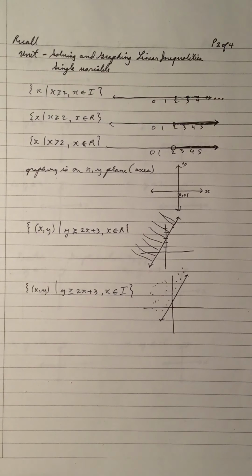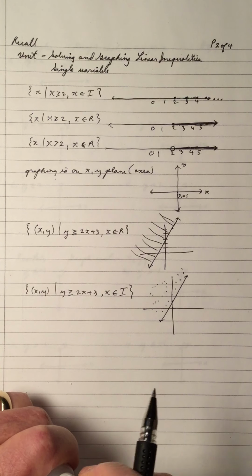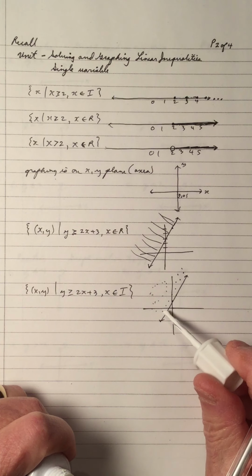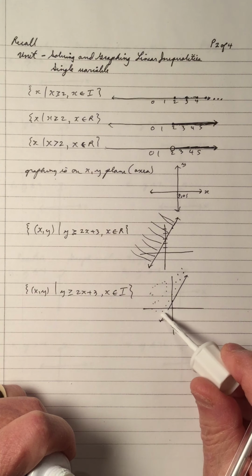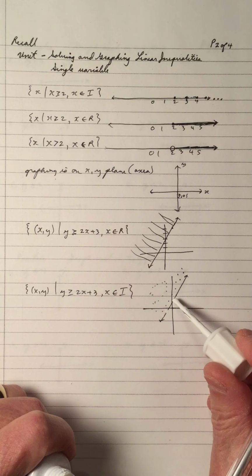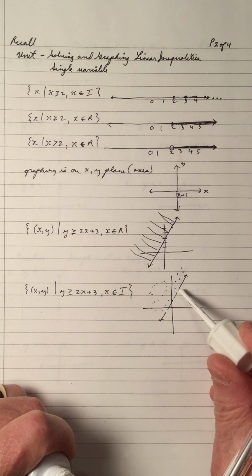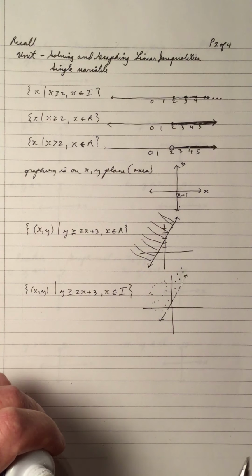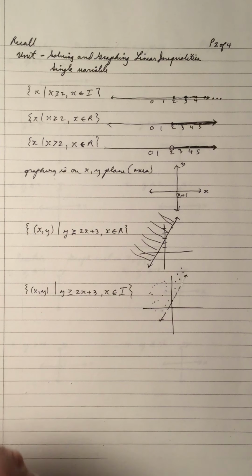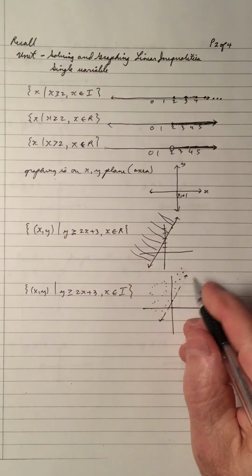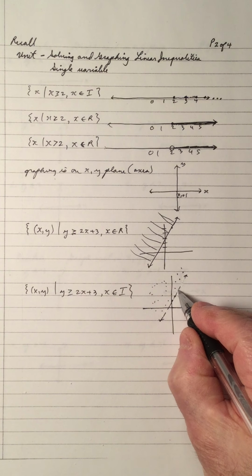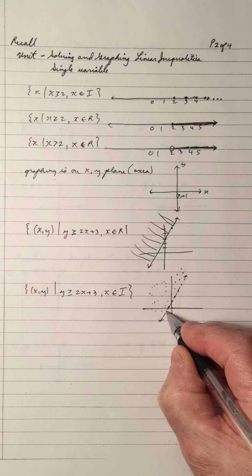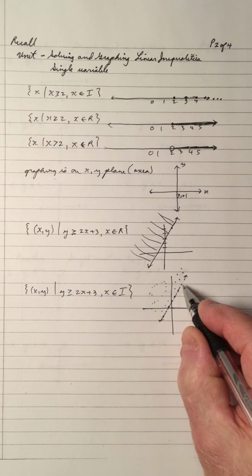In this case, even though it's equal to, I cannot have a solid line; I have to have dots. So just pretend we wipe out part of this and put dots back in to represent points on the line. And no shading, just dots.